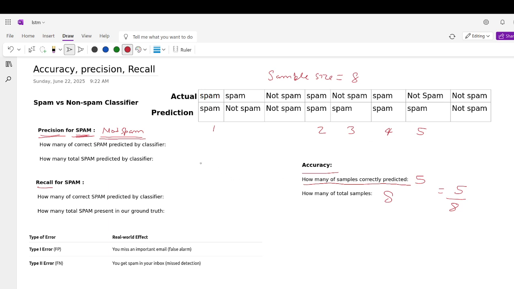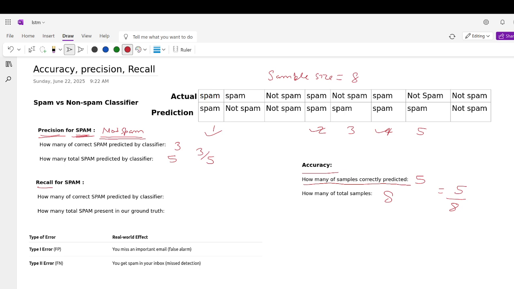The total predictions here is 5. And how many correct spam predictions did the classifier make? Out of 5, this one is correct, this one is correct, this one is correct. So there are 3 correct predictions. That value will be 3. So 3 divided by 5 is our answer.